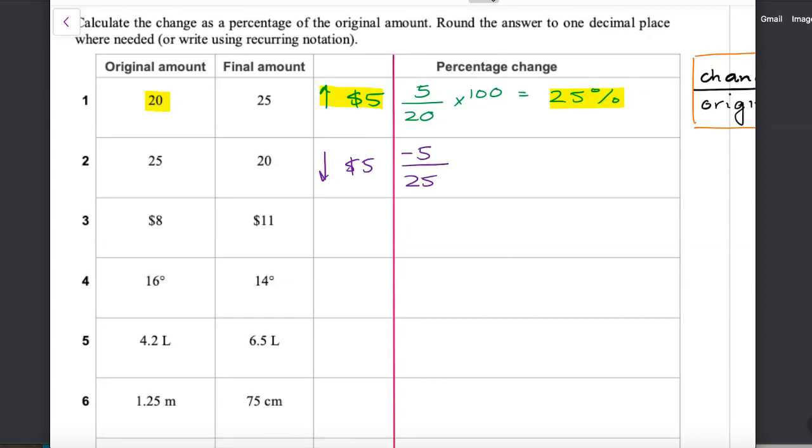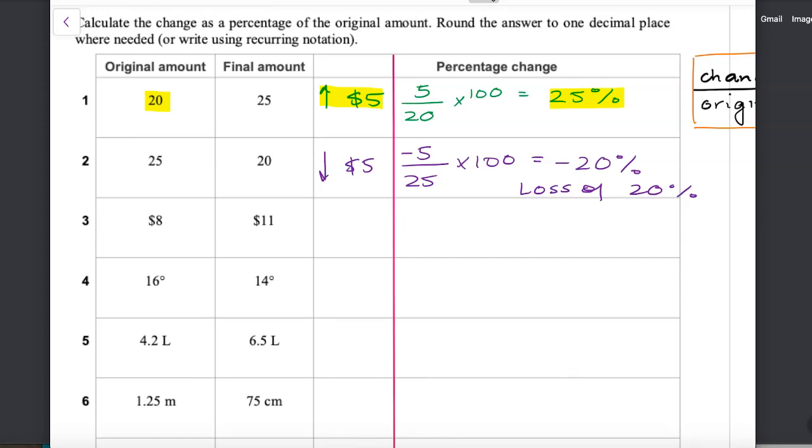So -5 out of 25, well, that's just 1/5. And we know 1/5 is 0.2 or 20%. Or we can multiply this by 100 to get a percentage. So it means that I've had a change of -20% or a loss of 20% from the original amount I started with to what I have as my final amount.